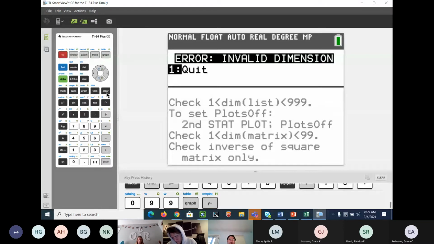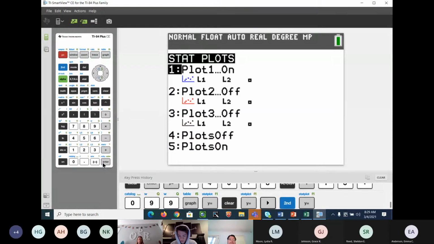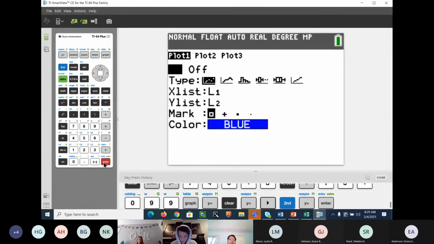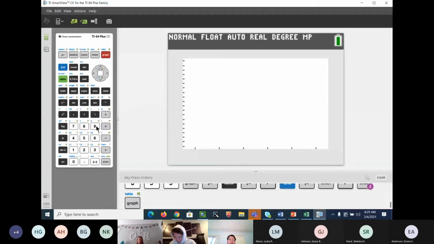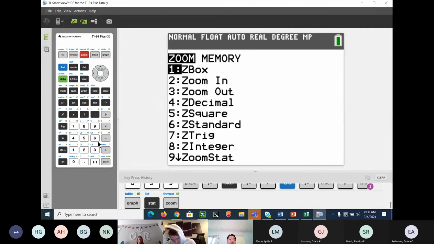Hold on a second. I must have not put something in. 746.8x. Oh, I know why. Second stat plot, turn stat plot off. Now hit graph. Can't see it. So hit zoom 6.